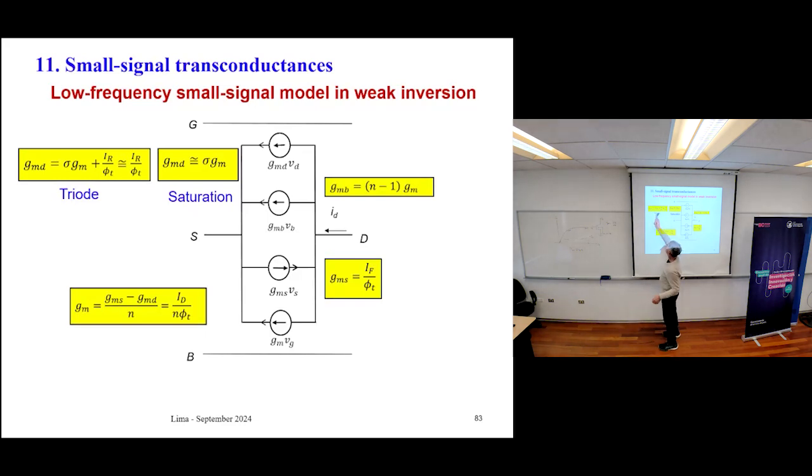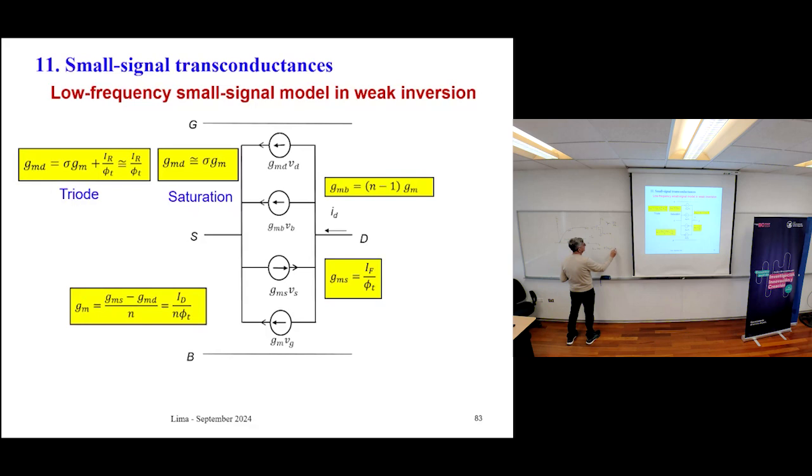But when the transistor operates in saturation, this IR becomes very, very small. Then, in most cases, the dominant term will be sigma times GM. This is a consequence of the exponential dependence of the drain current on the threshold voltage, because the threshold voltage depends on the DIBL factor.